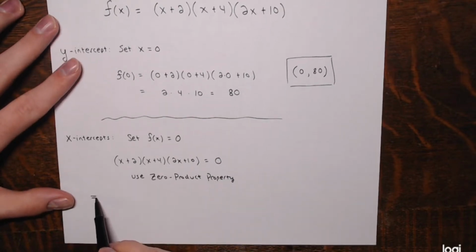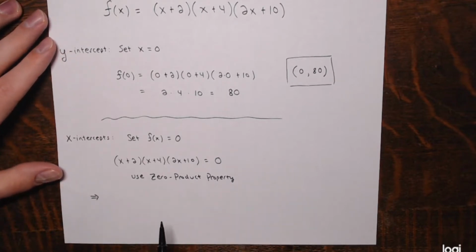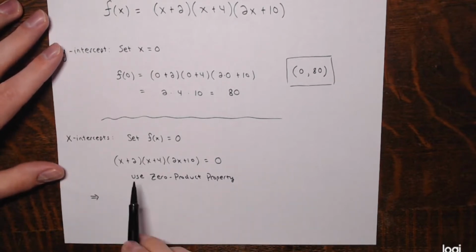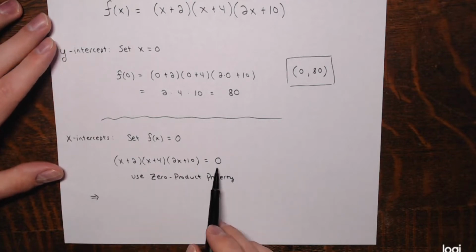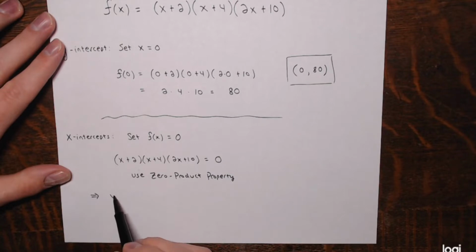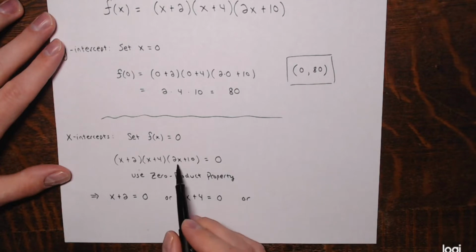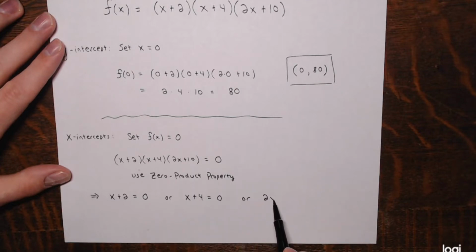You hopefully recall this from when we were solving quadratic equations by factoring. Once you have a factored polynomial on one side, 0 on the other, then one of the factors has to be 0. So either x plus 2 equals 0, or the next factor, x plus 4 equals 0, or this third factor could be 0 as well, and the statement would still be true. 2x plus 10 equals 0.